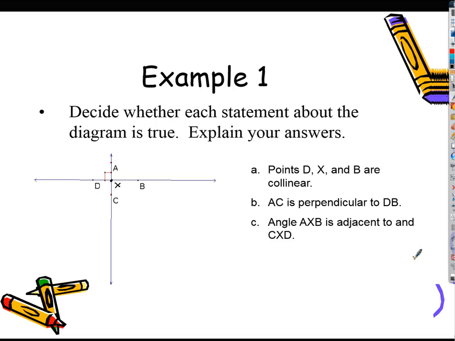Based on what we just briefly talked about. How come? Yeah, they form a right angle. Good. Okay. Is angle AXB adjacent to angle CXD? No, opposite, right? So they don't share a side, do they? Okay.